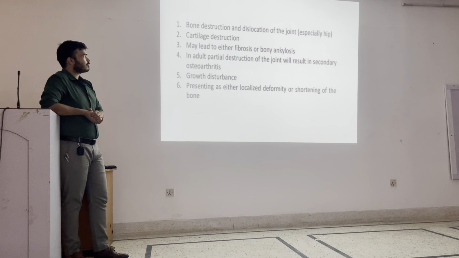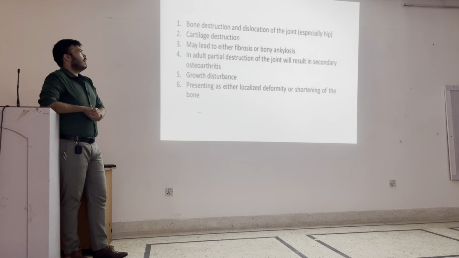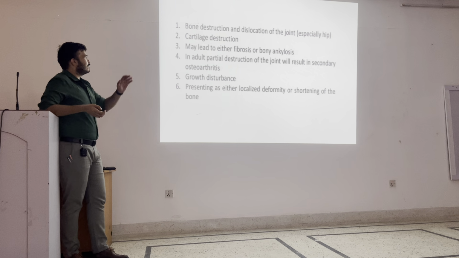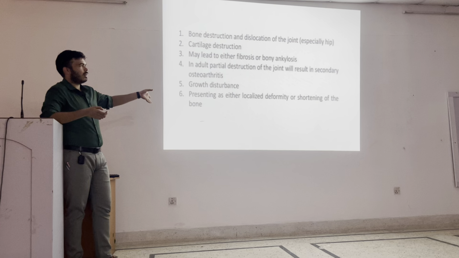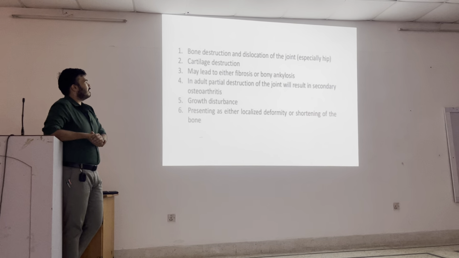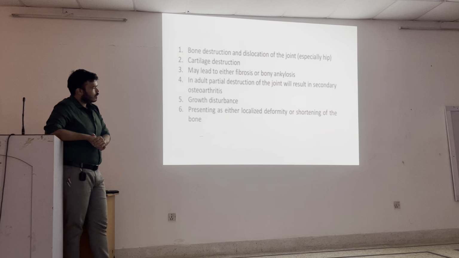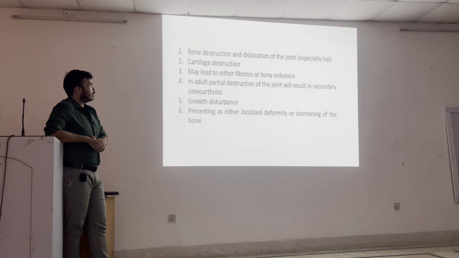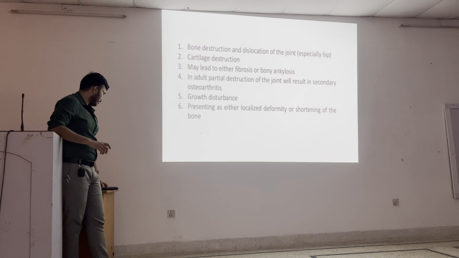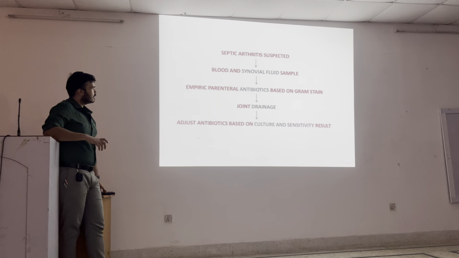Osteoarthritis too? I'm not sure about it, I have to look into it. But here it's fibrous ankylosis. In adults, partial destruction of the joint will result in secondary osteoarthritis. Growth disturbance, of course, if it involves the growth plate, and of course there is a shortening of the bone.